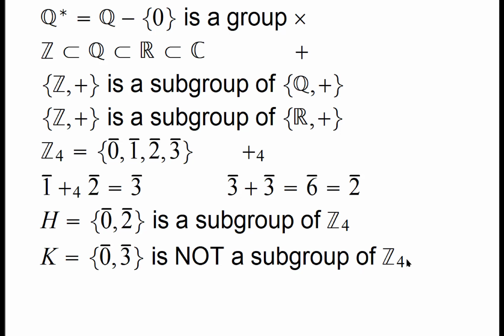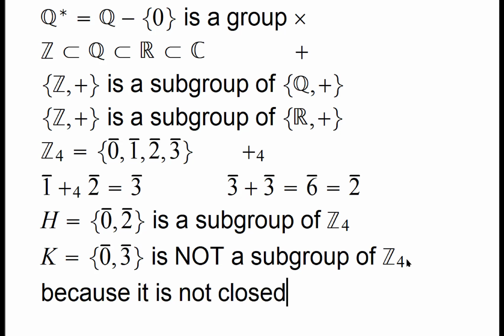Because it is not closed, okay? All right. So let's go ahead and look at these examples to see how we trim the group requirements of something that is already a subset of a group, okay?